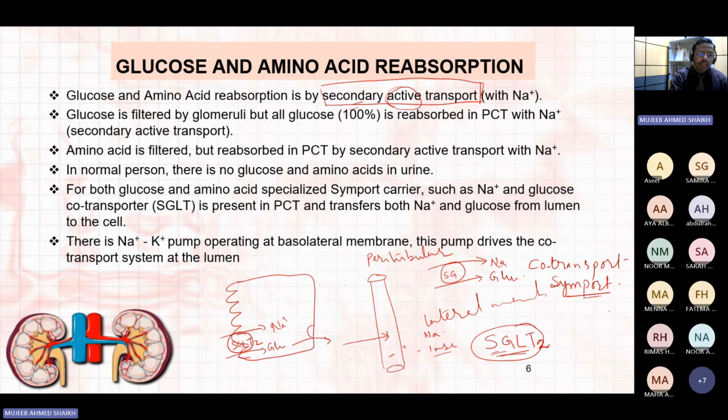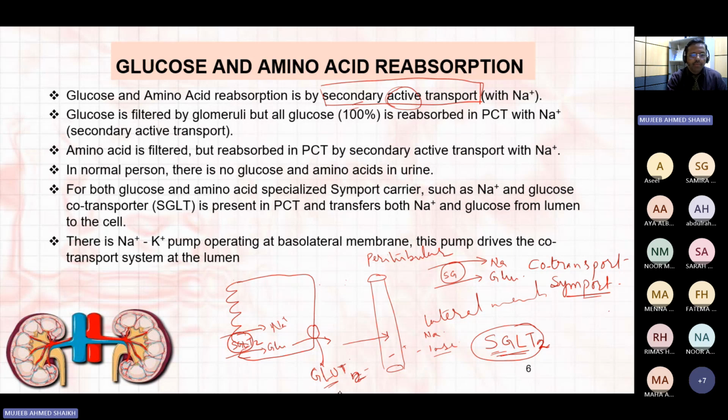Again, it requires a special carrier protein here. And this carrier protein on the basolateral membrane is known as GLUT, G-L-U-T, glucose transporter. GLU for glucose and T for transport. And again, there are numbers 1, 2, 3, 4. Here, number 2 is present, GLUT2, because GLUT channels can be present in muscle, in liver, in the GIT, anywhere.